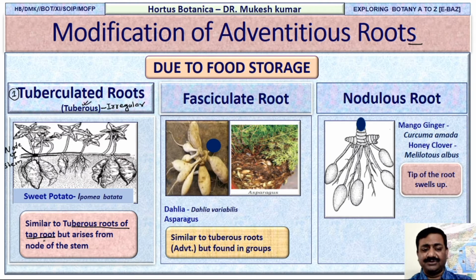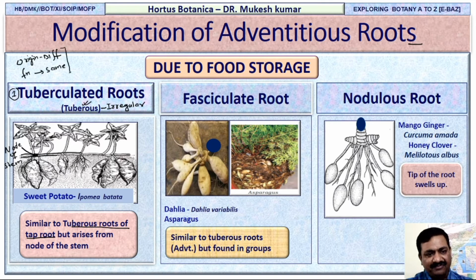In taproot, tuberous root was also irregular. Here it's also irregular, but mind well, origin is different. Function is same. So you can say that both are, mind well, I am telling origin is different, but we are finding function is same.